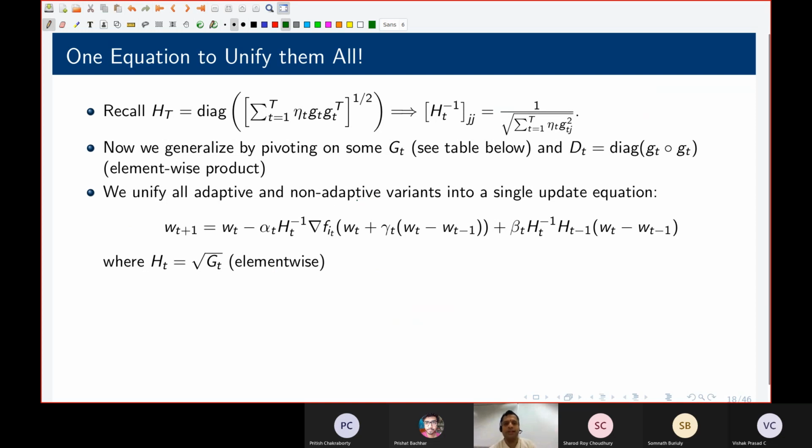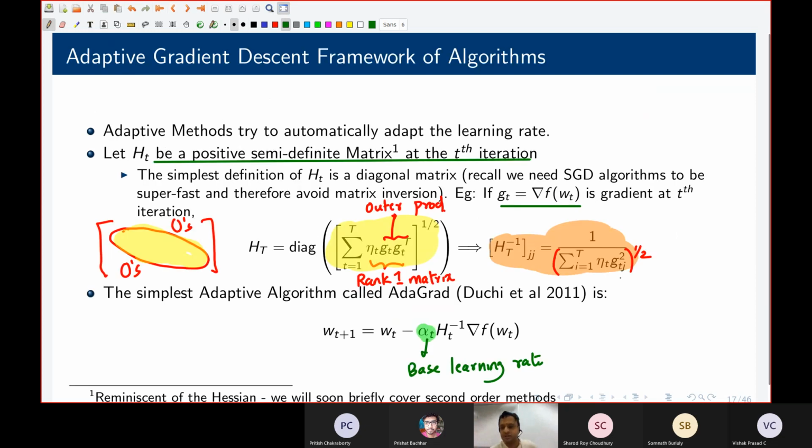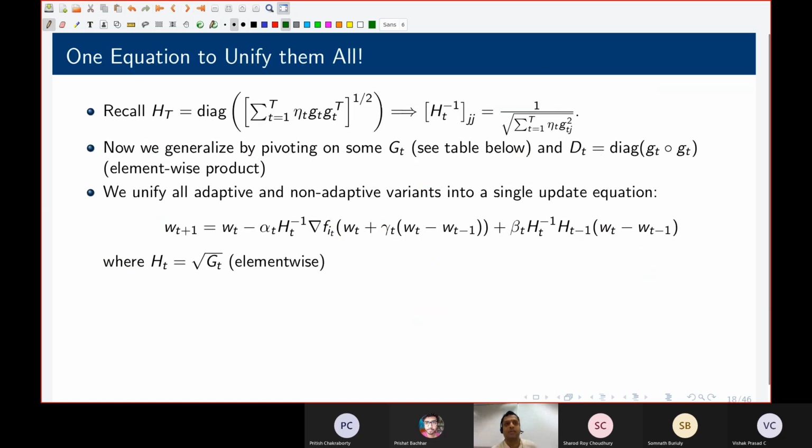We'll introduce some notation where DT is the diagonal of GT into GT, right? Basically this GT into GT is the element wise product. Okay, I've written it here. Diagonal of GT into GT. That's how you got the GTJ square, this expression. This is not the outer product.